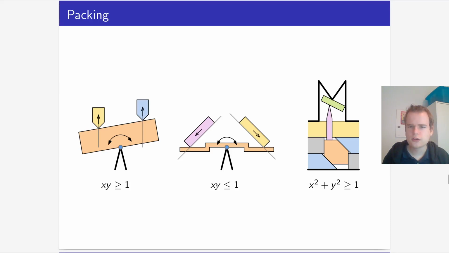And because of our new result, the constraint enforced by this gadget doesn't have to be of this very specific form, x times y is smaller or equal to 1, but we can use any constraint. And this allows for a lot more freedom in constructing this gadget, and therefore this also allows us to complete this proof.